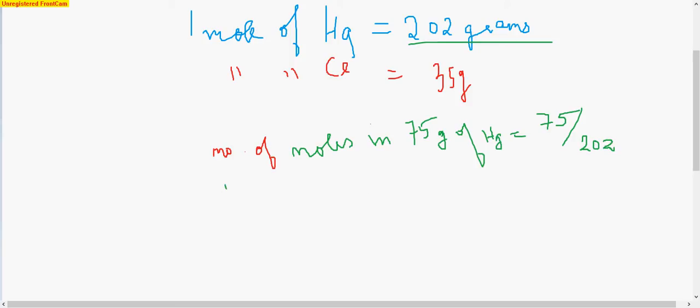Okay, similarly we need the number of moles in 25 grams of chlorine, right? That will be 25 divided by 35, right?